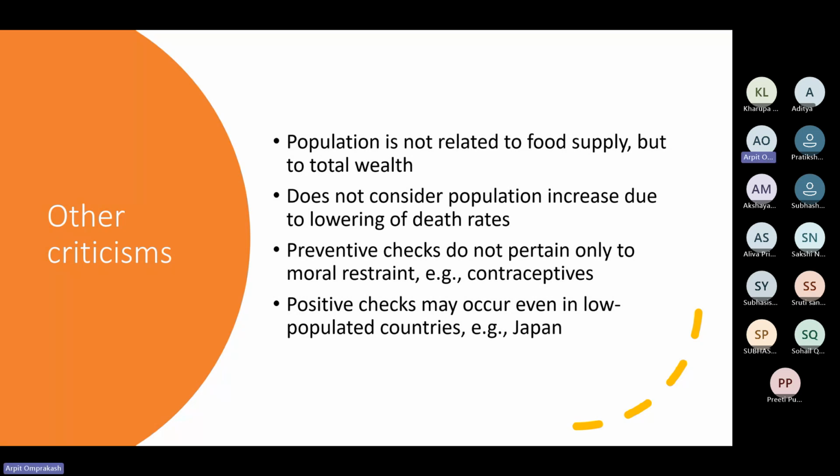And not food supply. The second point is it does not consider the population increase due to the lowering of death rates. As the years go by and as we are getting better and better at medical facilities and developing more and more treatments, there's a lowering of death rates.